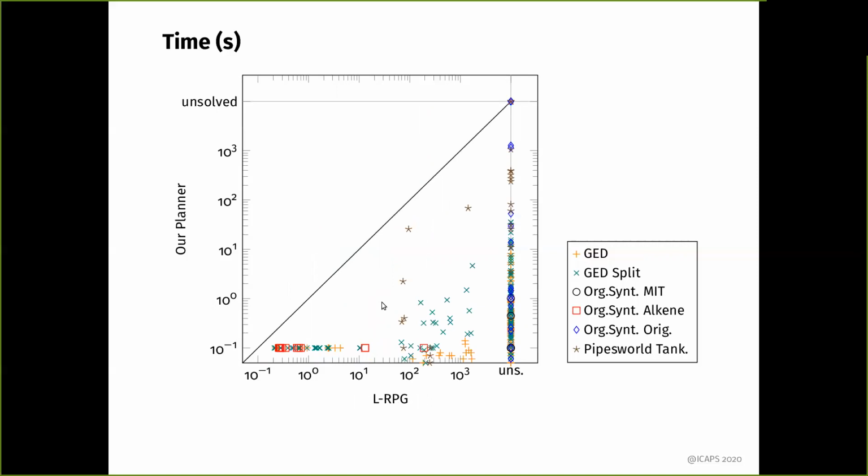And we also had a comparison here with the LRPG planner, a state-of-the-art lifted planner. And you can see that our planner, simply by using these specific techniques for successor generation, becomes much faster than LRPG. Here I'm comparing to the full configuration of LRPG, and our planner solves way more instances, way faster in general.